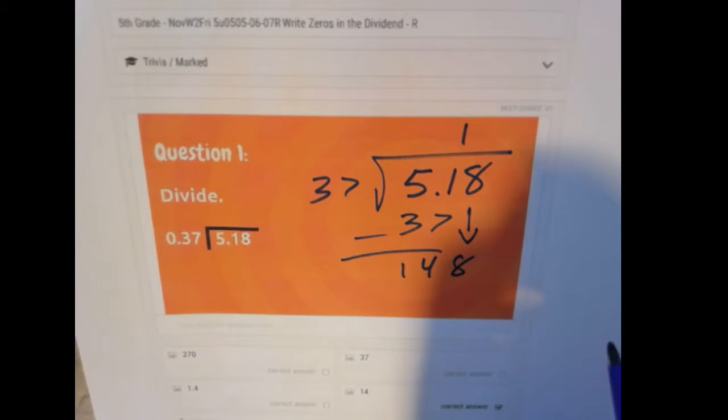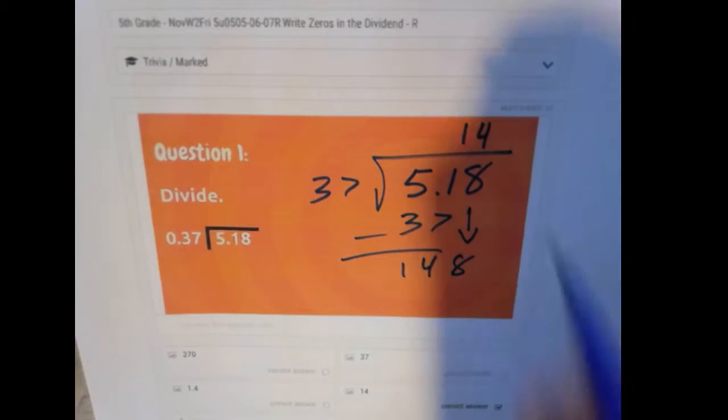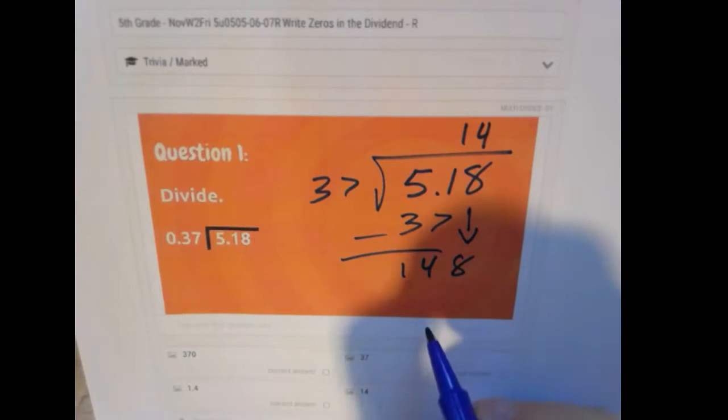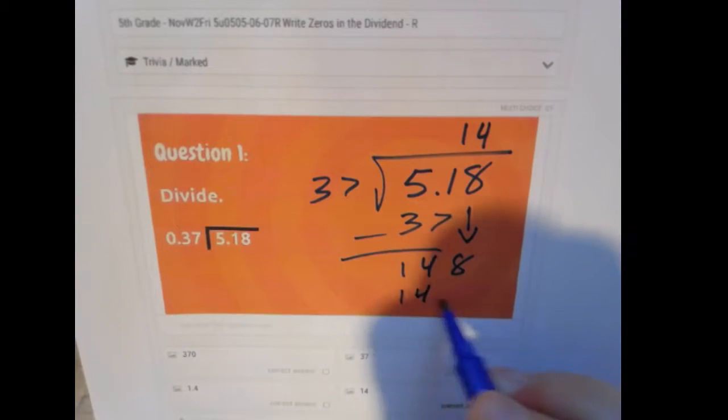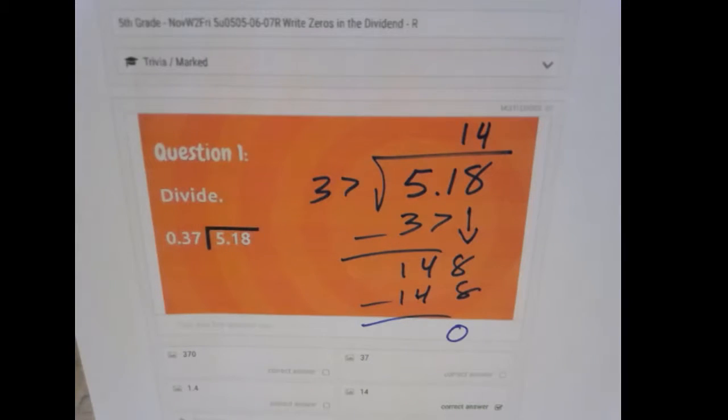So what is 148? How many times does 37 fit into 148? That would be exactly 4 times, right? 4 times 37 would be 148. Find the difference, it is 0. So what are we going to do here?